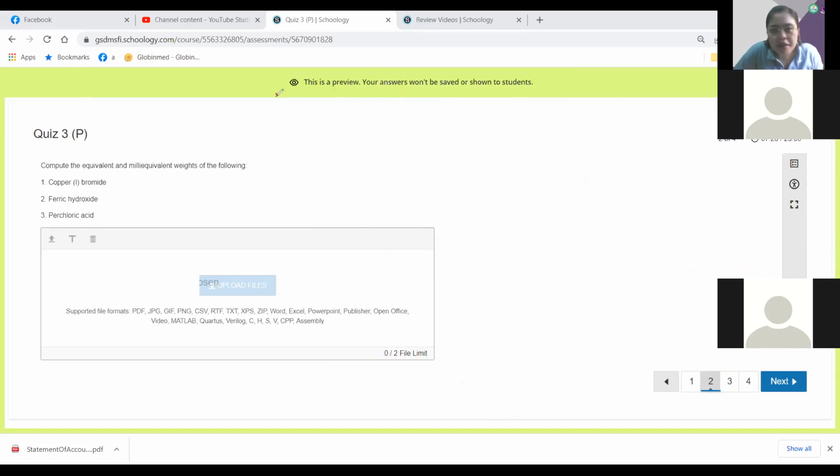Perchloric acid. Perchloric acid is HClO4. This one is an acid. What are we going to do? Let's compute for the molar mass. So 1 atom of hydrogen, 1 atom of chlorine, and 4 atoms of oxygen.